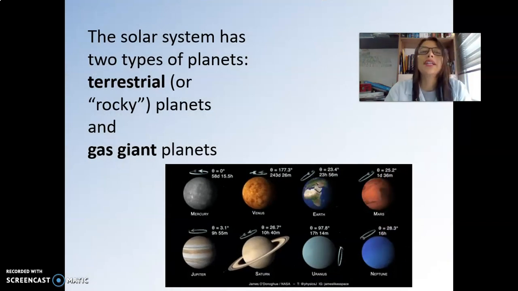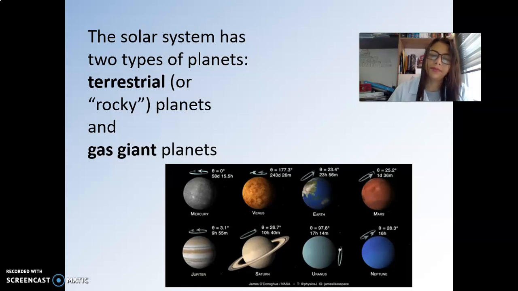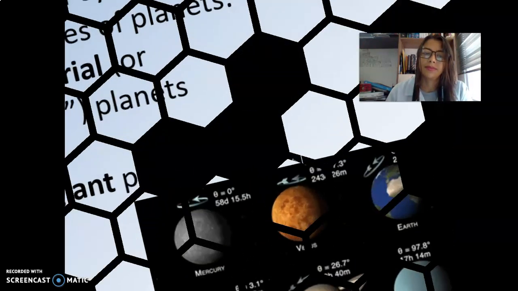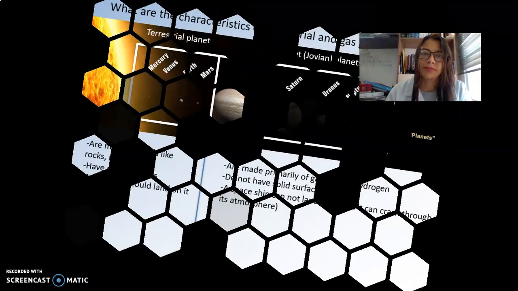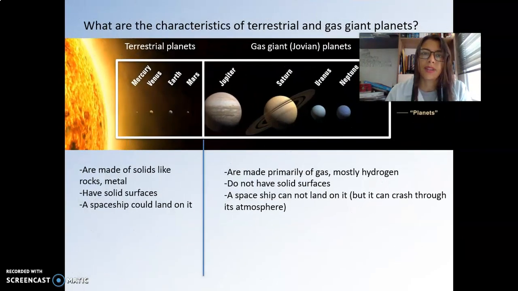In our solar system, we have two types of planets: terrestrial or rocky planets and gas giant planets. We are going to start with the characteristics of terrestrial planets.